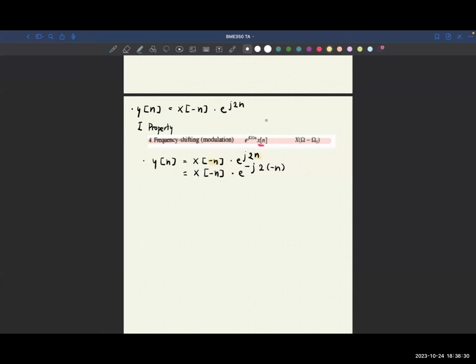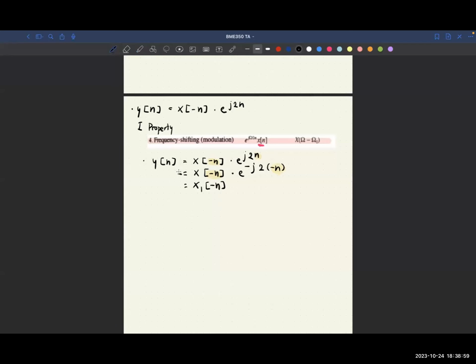Do you see what we are trying to do here? Therefore, what we will have here, I'll call it as a new function, x1 of negative n.